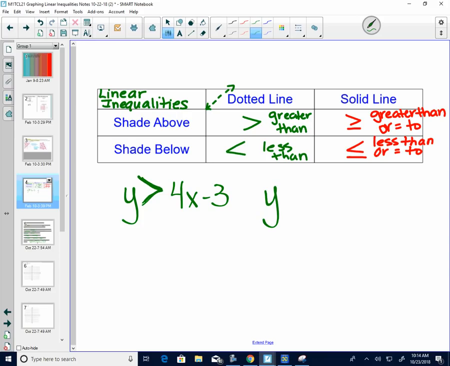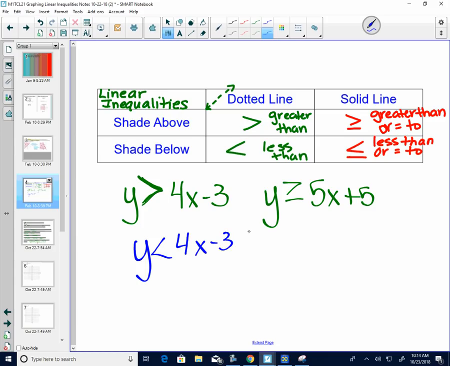So for either symbol, if it is open towards the y. Then you need to shade below if it is less than. So if you solve for y and it is not open towards the y, that means y is smaller. So you need to shade below the line that you draw, whether it is less than or less than or equal to.